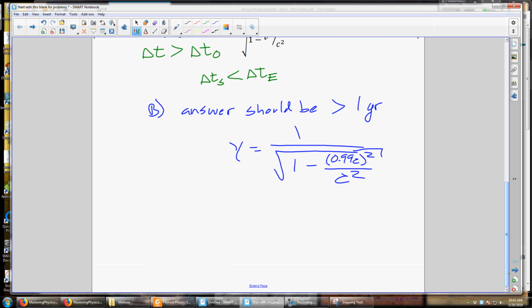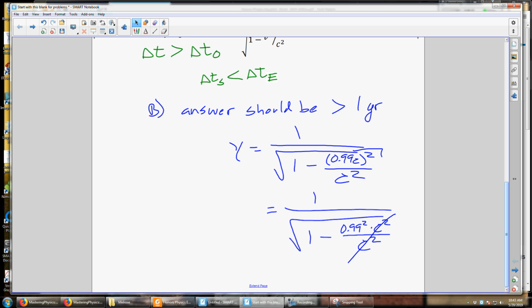If I do a little bit of algebra there, I get 1 minus 0.99 squared times c squared over c squared. Right, because that squared refers to both things, and then those c's cancel out. So that's what I did.